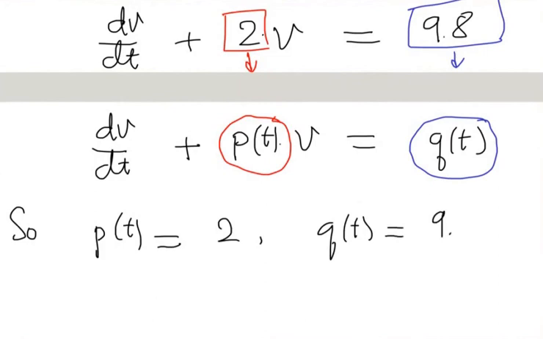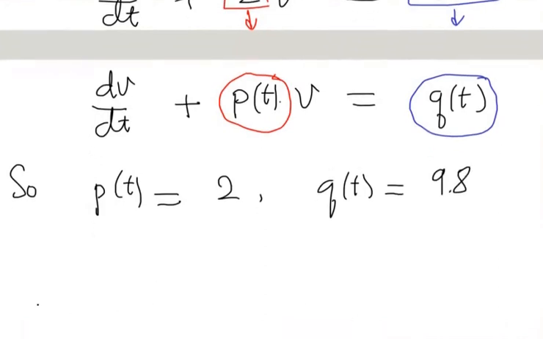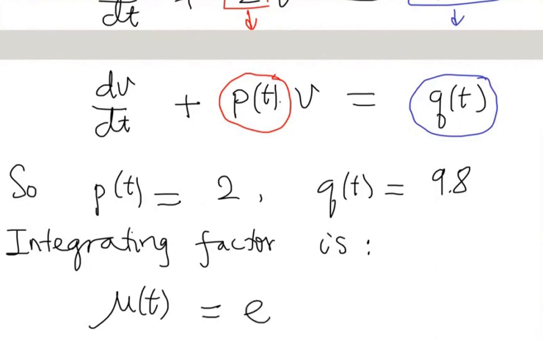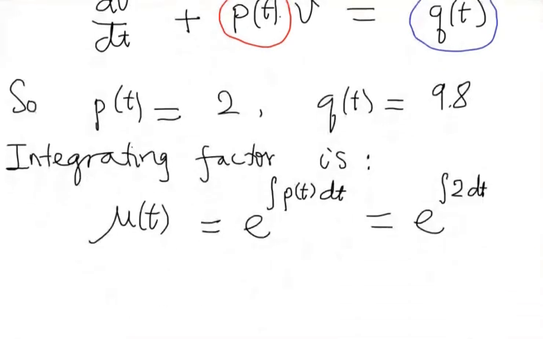By the formula, the integrating factor is mu of t equal to e to the integral of p of t dt. So we have e to the integral of 2 dt, and the integral of 2 dt is just 2t.